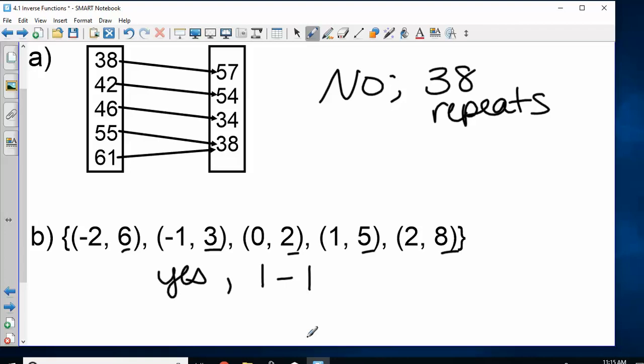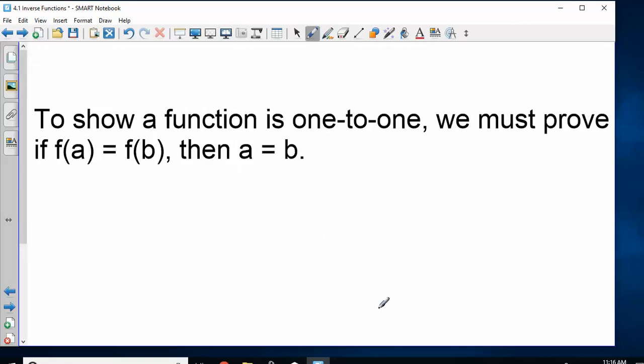The algebraic way of doing this, if I ask you to algebraically show me that a function is one-to-one, what we have to do is take two different x values, plug them in, and set the y's equal. Okay? Then, I plug in an a and a b, and solve this and get a equals b.